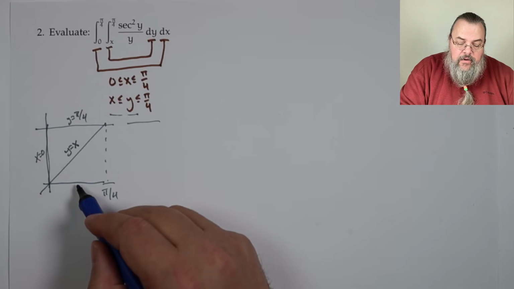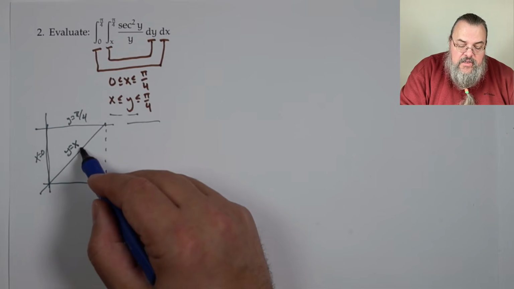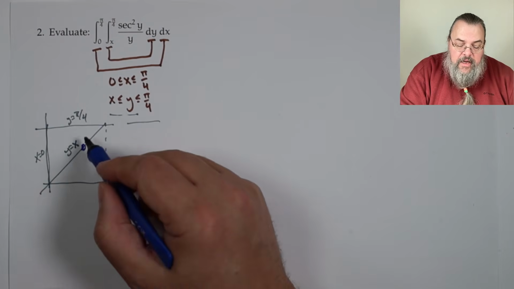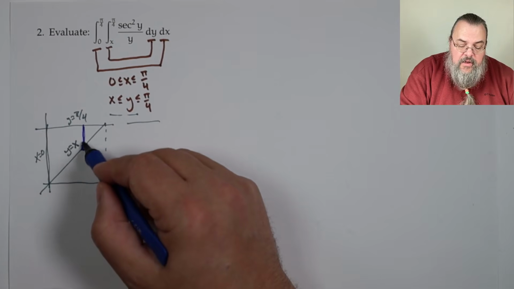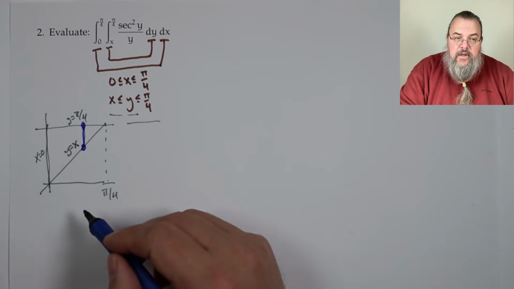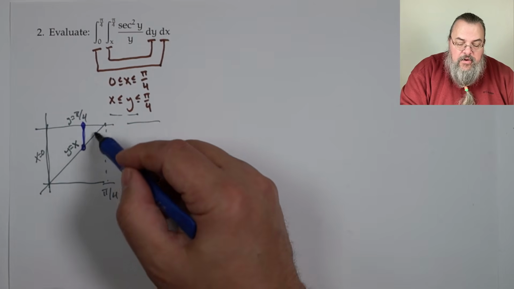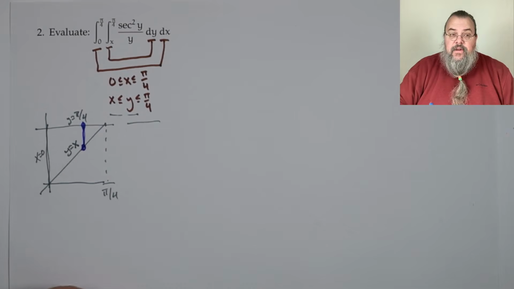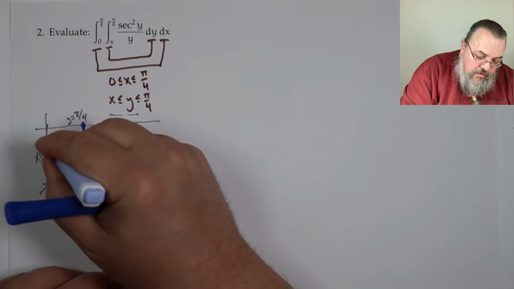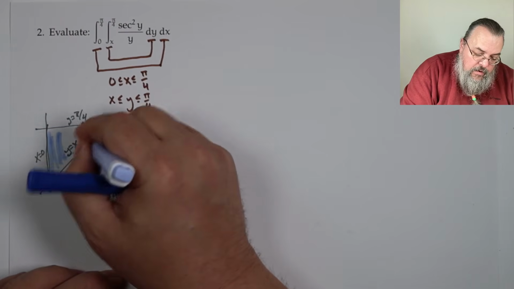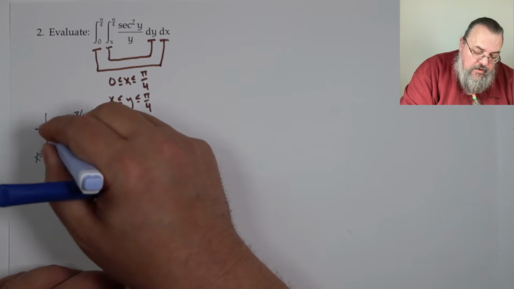You say, okay, where does y start? It starts on the line y equals x and runs up to the line y equals pi over 4. So I'm going in between these two curves. And so it's this triangle here. And I'll shade it in. All right, so this is our triangle.